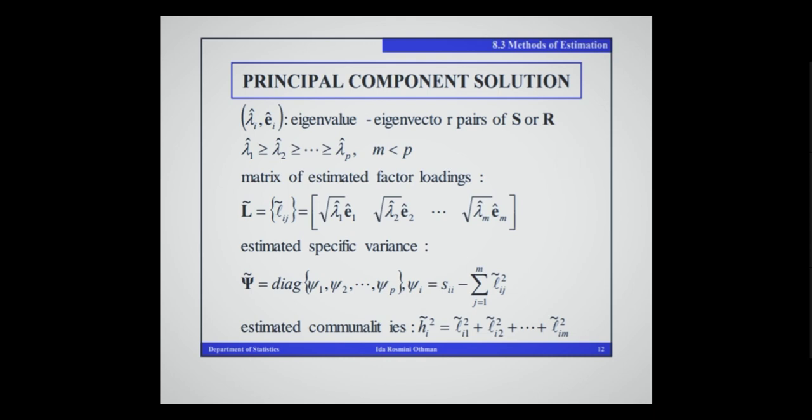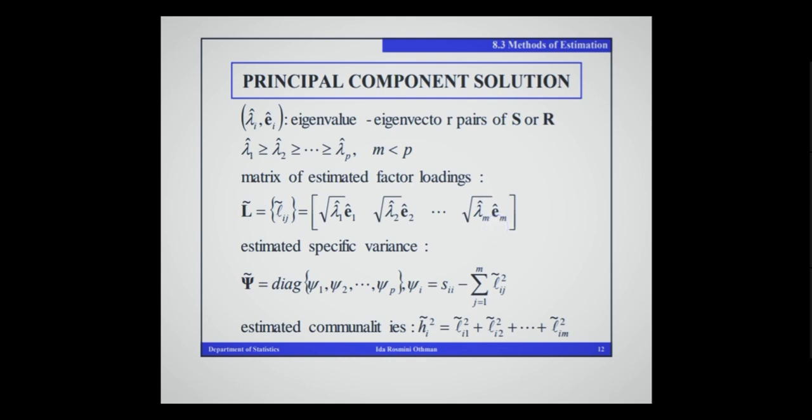Ada dua cara. Okay, and then the formula for factor loading adalah L notation untuk matrix, dia punya element adalah small lij. Okay, the formula ataupun the matrixnya adalah sebenarnya adalah square root of lambda i hat multiply the normalized eigenvector for each of the factor sehingga m factor.